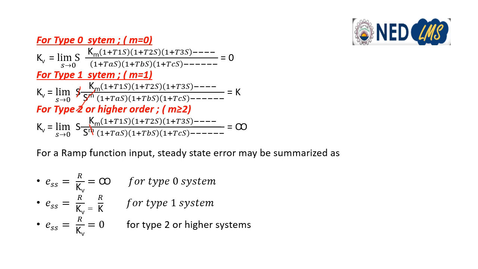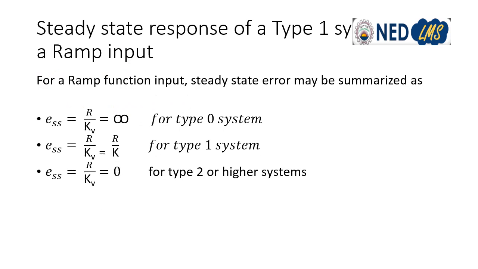For type 1 system it is k, and for type 2 system it is infinity, and the corresponding steady state error is infinity for type 0 system, R upon k for type 1 system, and 0 for type 2 or higher order systems.